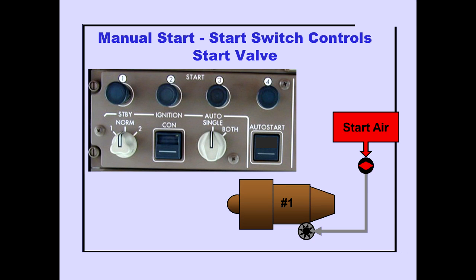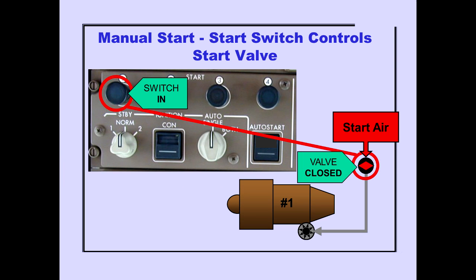During a manual start, the start switch controls the respective start valve. The start switch is spring-loaded to the in position. When the start switch is in, the start valve is closed.